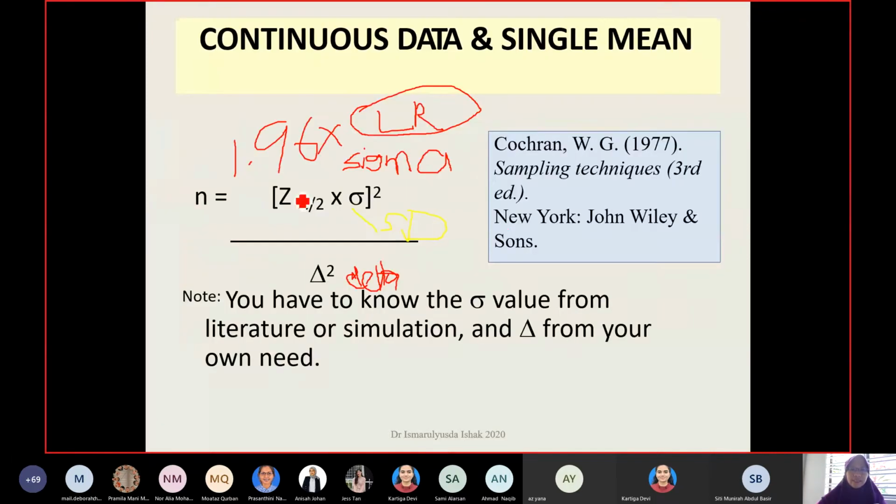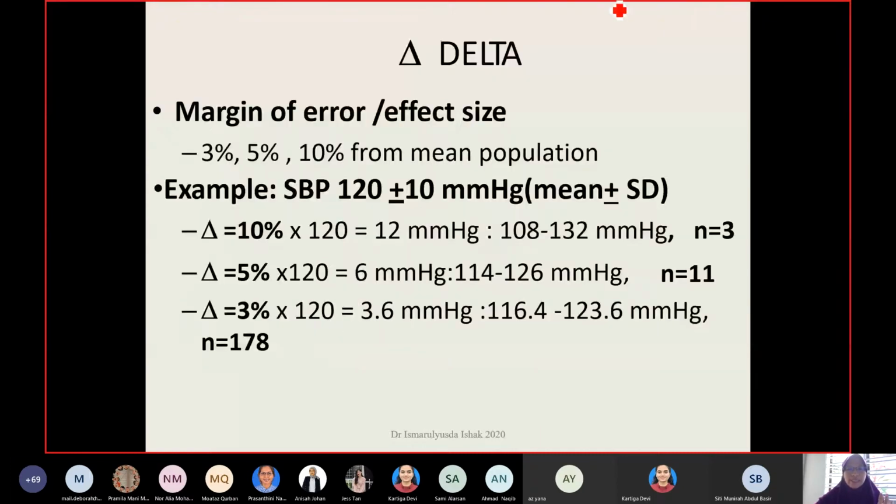About the delta, I said it's open to you, but I'm giving you examples. If this is about systolic blood pressure, you say, doctor, I don't know the effect size. How can I choose?